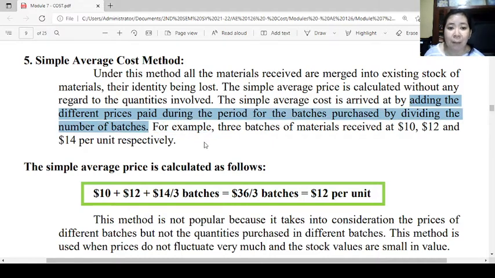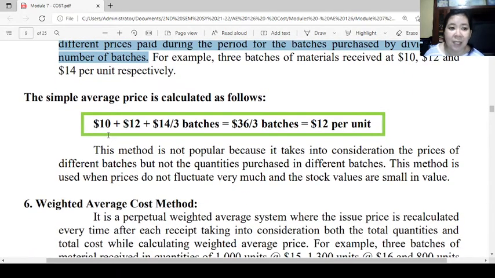So for example, there are 3 batches of materials received at 10, 12, and 14 per unit respectively. So to calculate using the simple average price, we will just add these and divide by 3 batches. So meaning the unit cost will be 12 per unit.